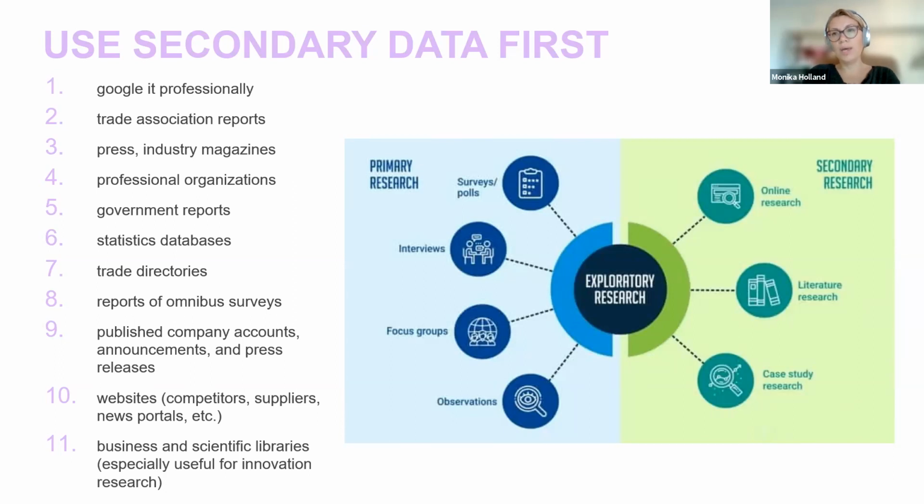Then we will go and do the primary research, which is in this colorful slide over here, to fill in the gaps in the information that we have gathered. Surveys, polls, interviews, focus groups, observations can actually help us to verify the data we have found.